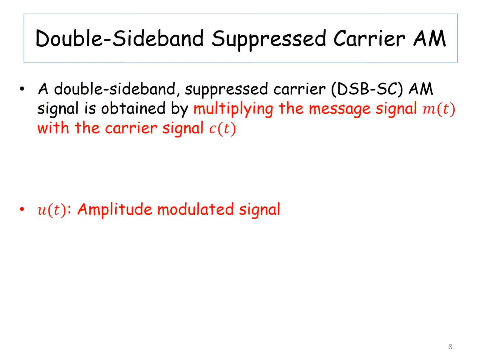In this method, the modulated signal is obtained by multiplying the message signal m(t) with the carrier signal c(t) as follows, where u(t) represents the amplitude modulated signal.